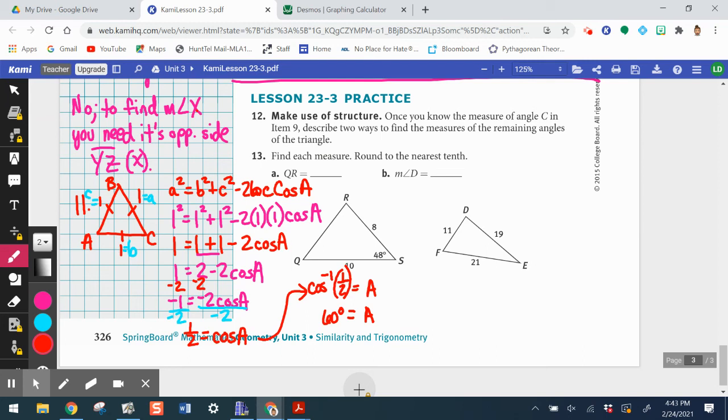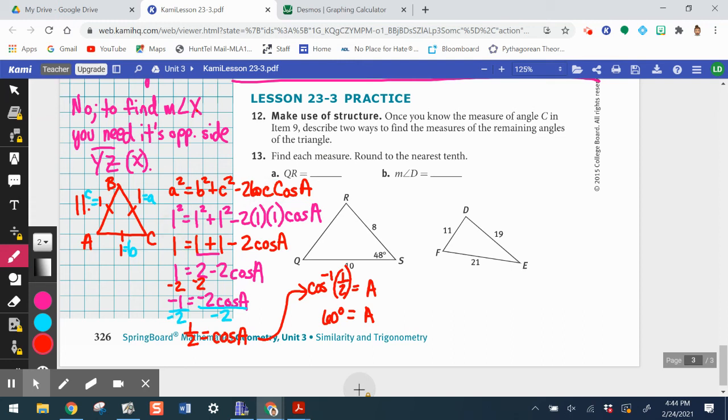In this scenario, because all three sides are the same length, we are asked to show that the measure of angle A is 60 degrees. It didn't matter if you use this law of cosines or any of the others, because we have all three sides. So I replace a, b, and c with 1.